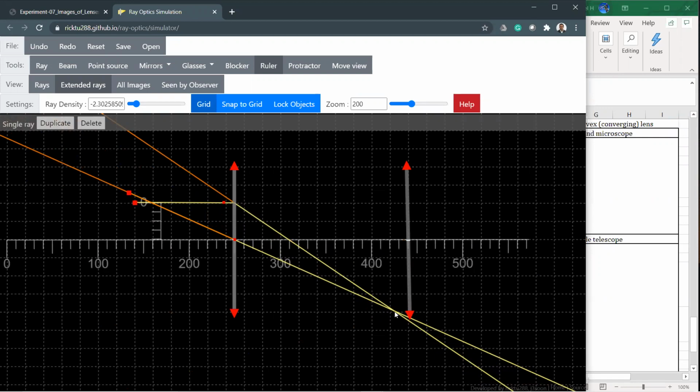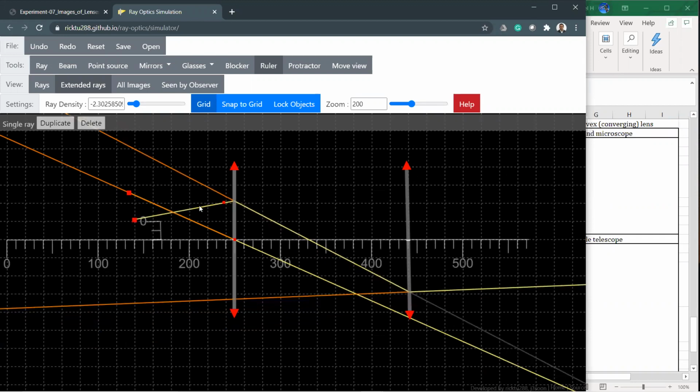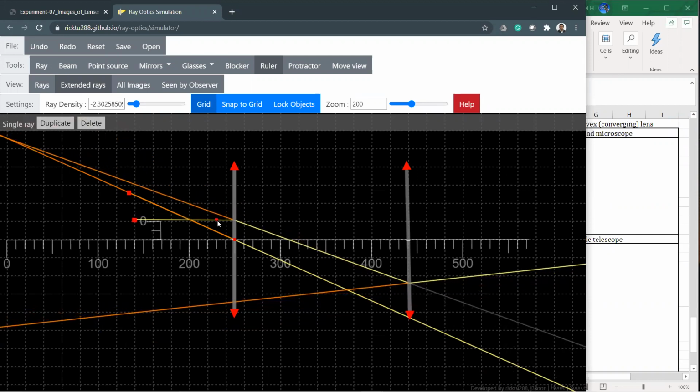Now you can see that is actually building an image right here in between the lenses. To make this object a little bit smaller, more smaller, we do 1 square in size.